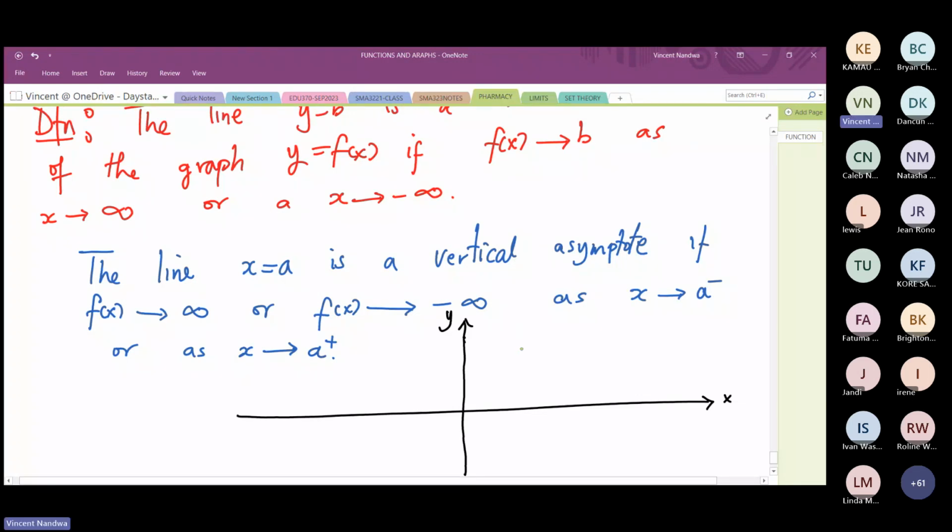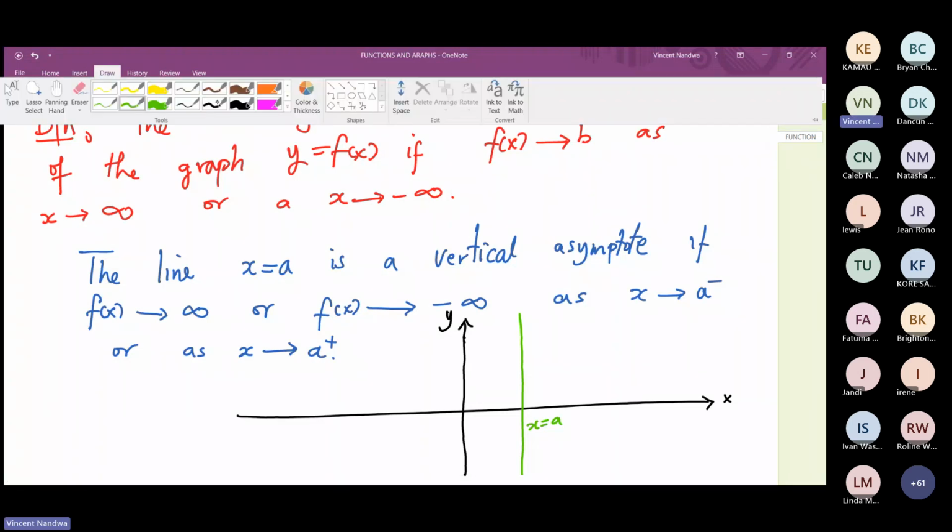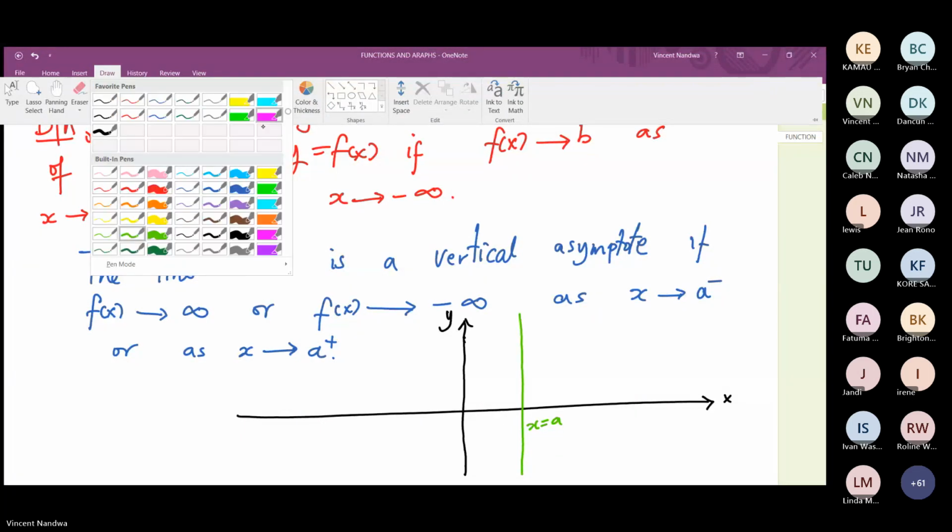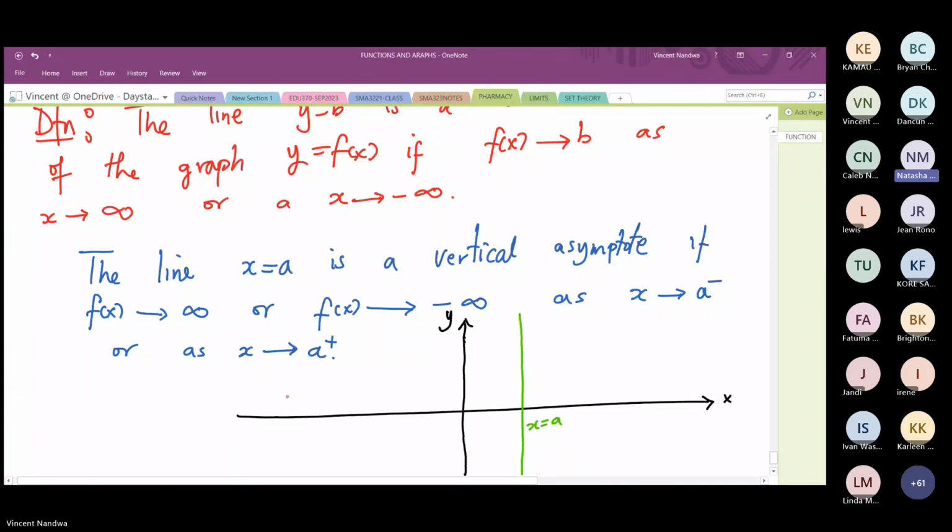And I have this line, call it x equals a. And I have this other line, y equals b.